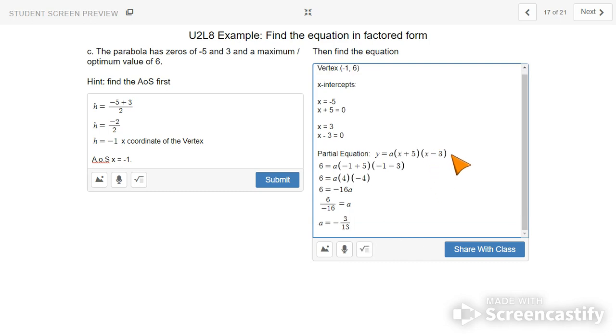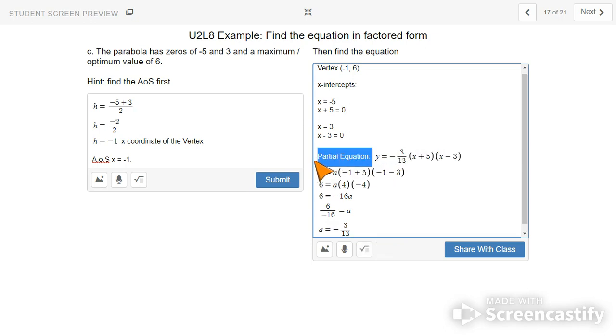So coming back to our equation, we can substitute negative 3 over 8 into that, and we have our full equation now.